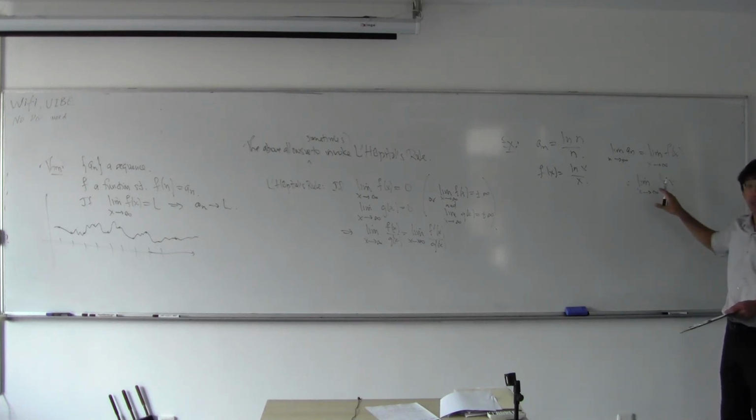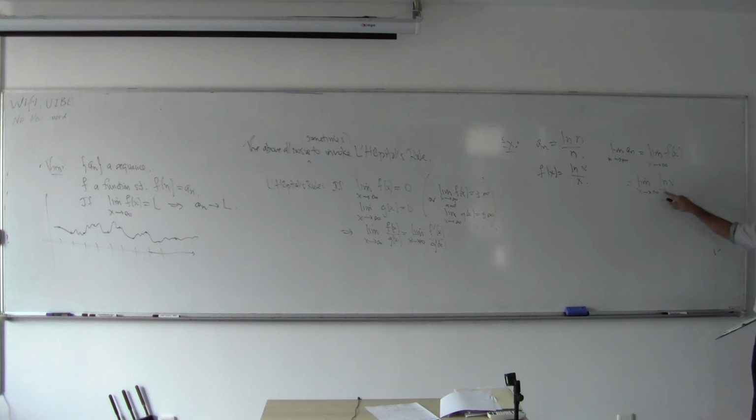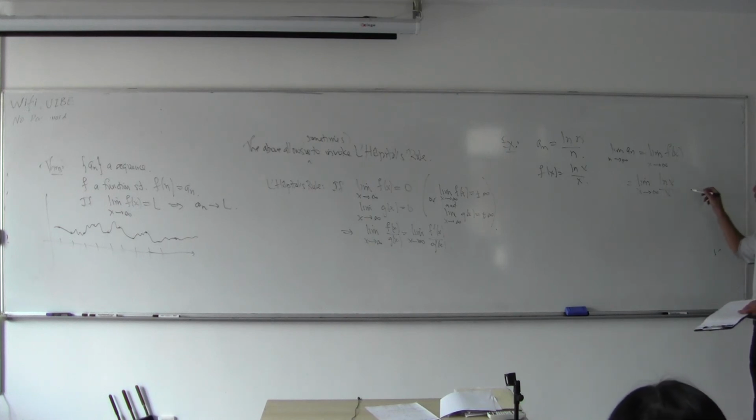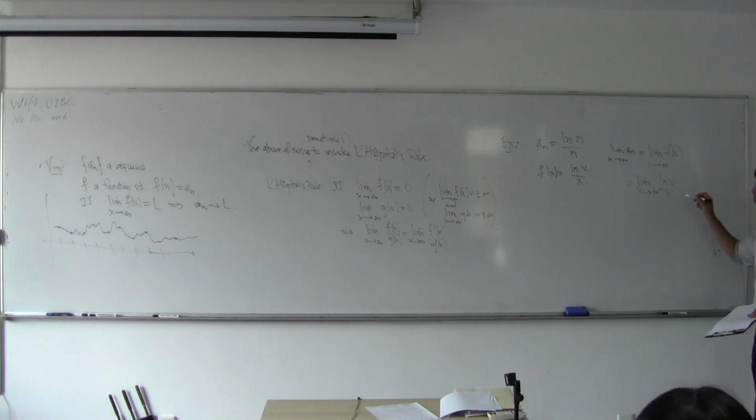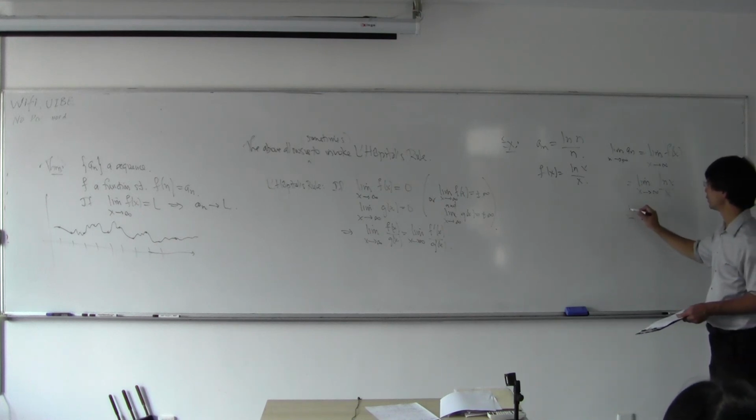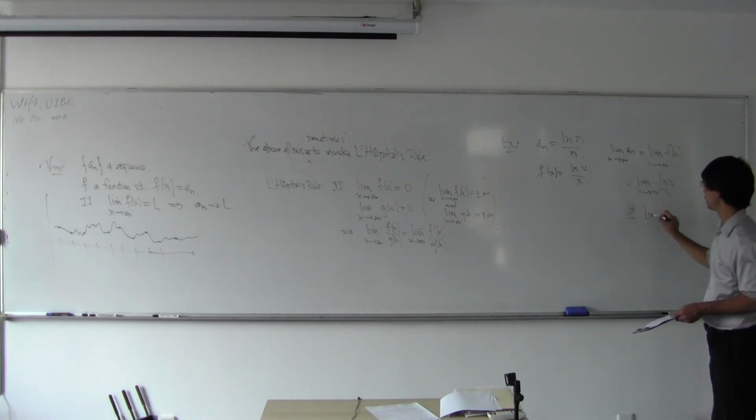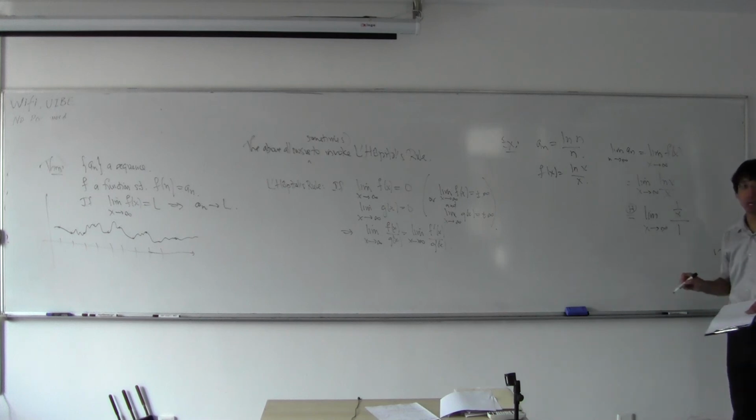Now, you look at what happens to the top. As x goes to infinity, the top goes to infinity. As x goes to infinity, the bottom goes to infinity. So this is a case of L'Hopital's rule. By L'Hopital's rule, this is the same thing as the limit of the derivative of the top over the derivative of the bottom.